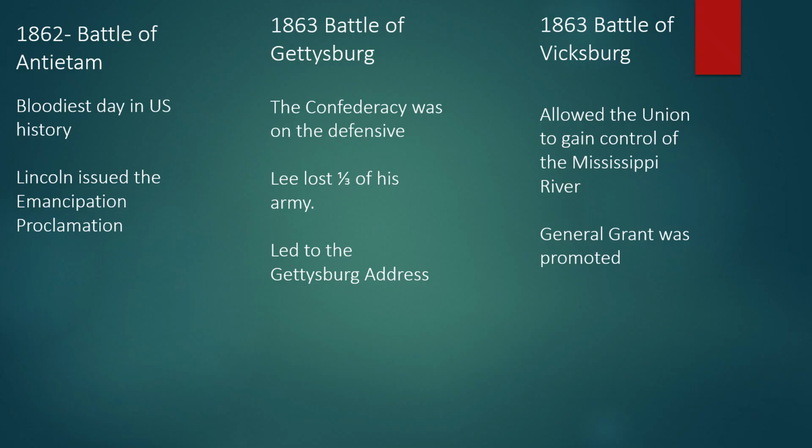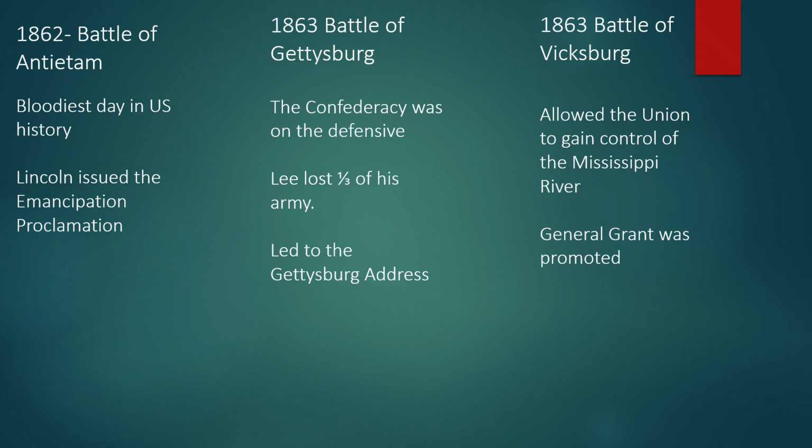Vicksburg gave the Union just complete control of the Mississippi River. And what it does is it actually is going to split the Confederacy into 2 different places, and it's going to cut off their supply lines between the eastern and western Confederate states.